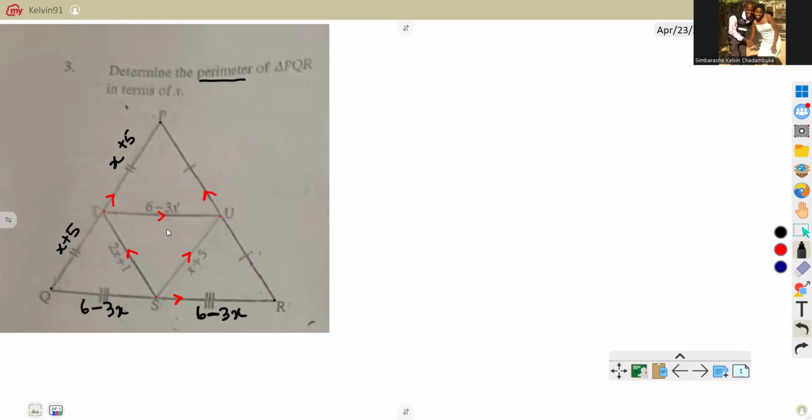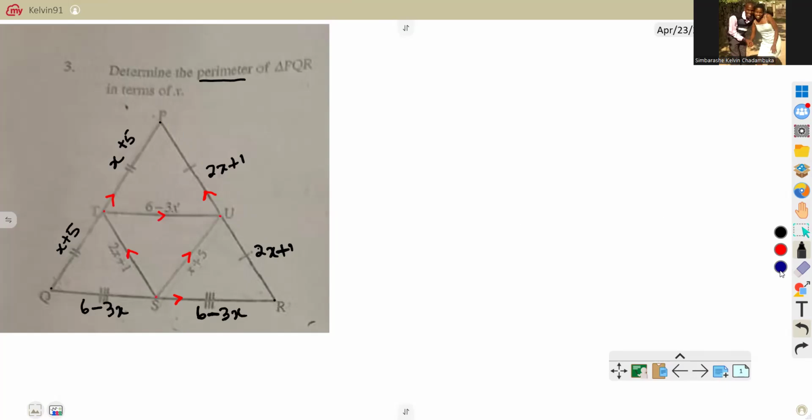Then this side is parallel to this side, and this side is parallel to this side, so this again is a parallelogram. This side will be equal to this side, so here it's equal to 2x plus 1, and here again it's 2x plus 1 because we are given that these two sides are equal. So the entire side PR is this plus this.